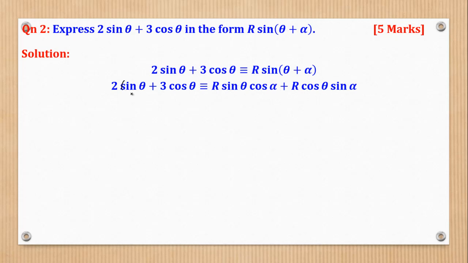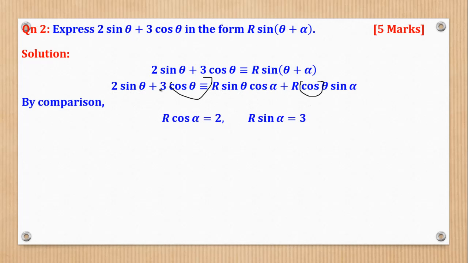Comparing means if this is sine theta and this is sine theta, then the balance here is 2, and the balance here is r cos alpha, meaning that r cos alpha is 2. Then here also cos theta, the balance here is 3, and here it is r sine alpha. So r sine alpha will be equal to 3.